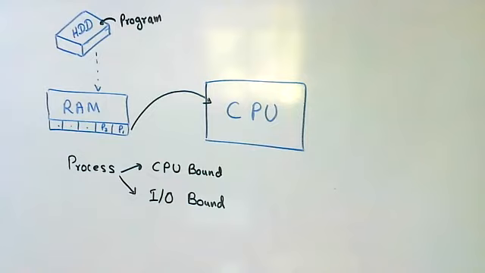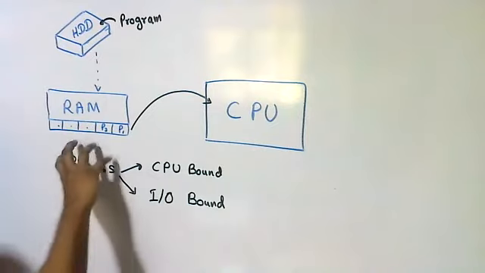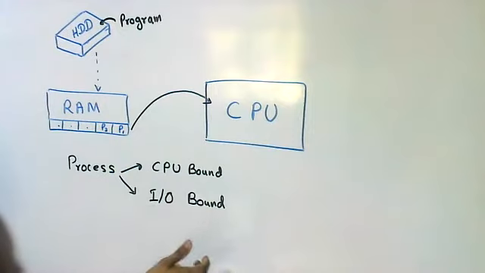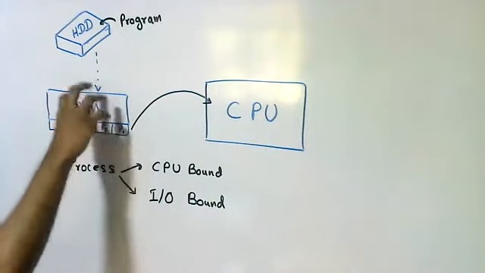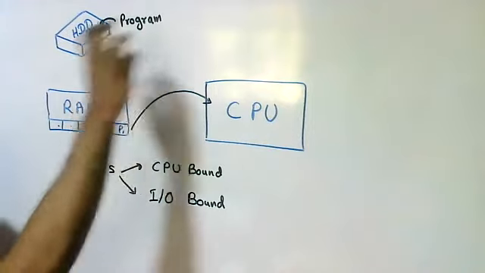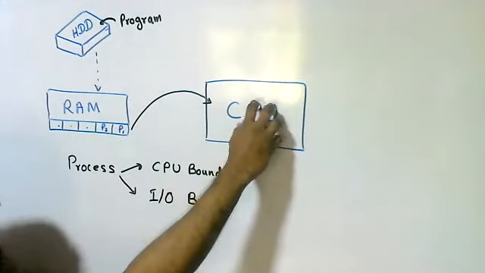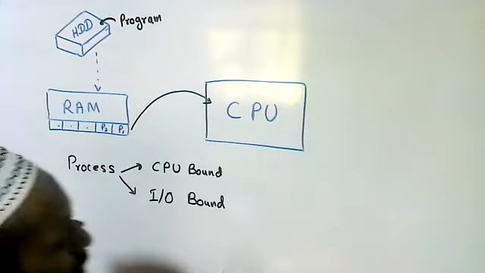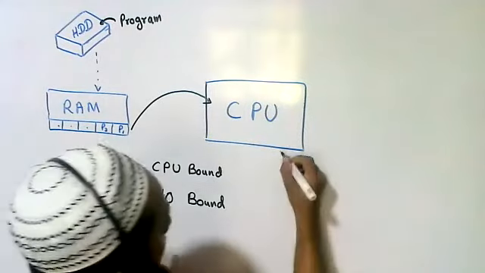I told you that whenever a process needs to accomplish its task, it needs some resources. It needs RAM, main memory, it needs CPU, it needs hard disk, that means files, and it needs IO devices, so IO event.